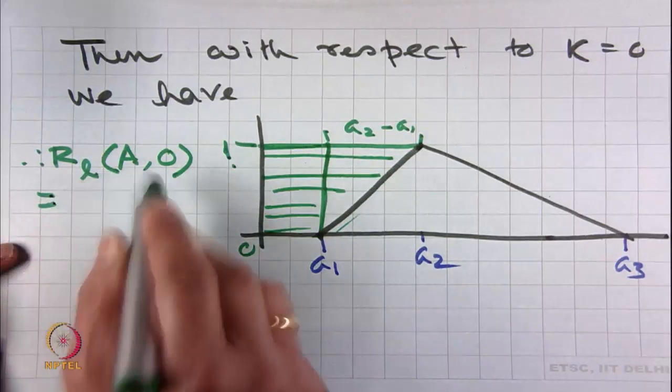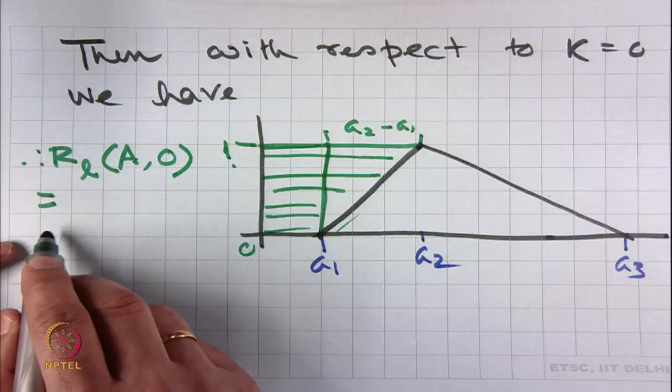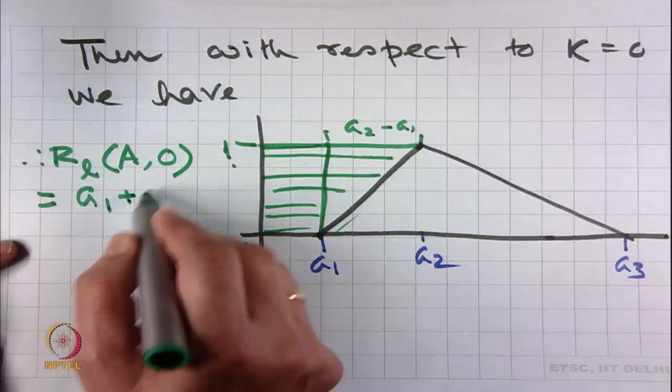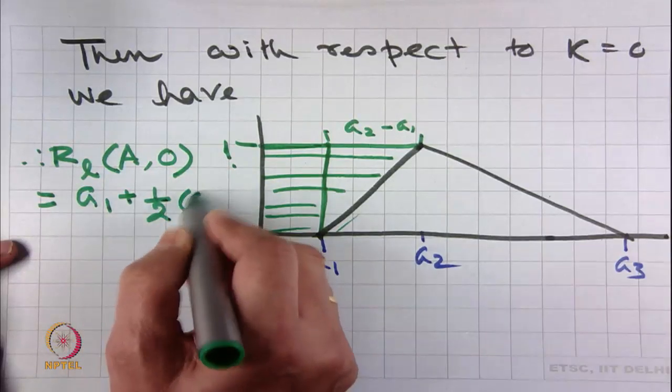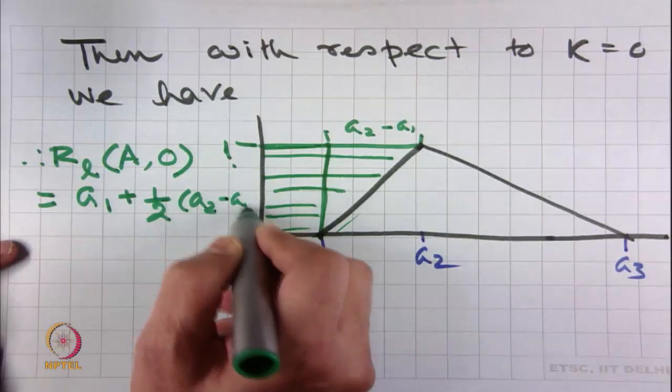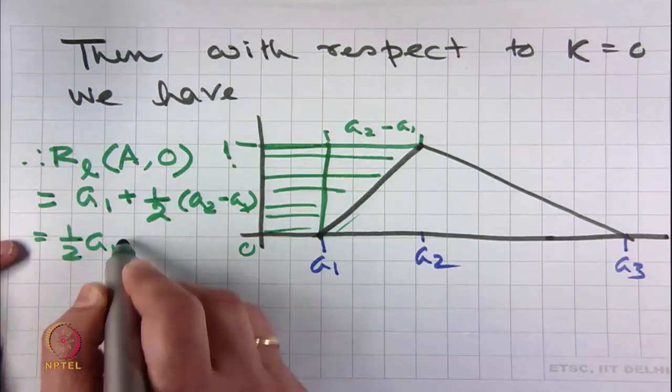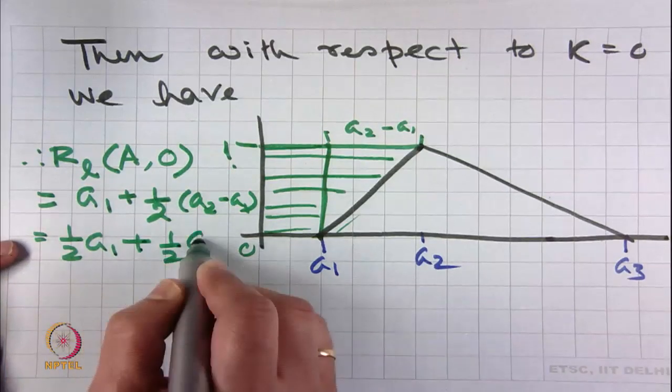Therefore, R L of A comma 0 is A1 plus half of A2 minus A1, which is equal to half of A1 plus half of A2.